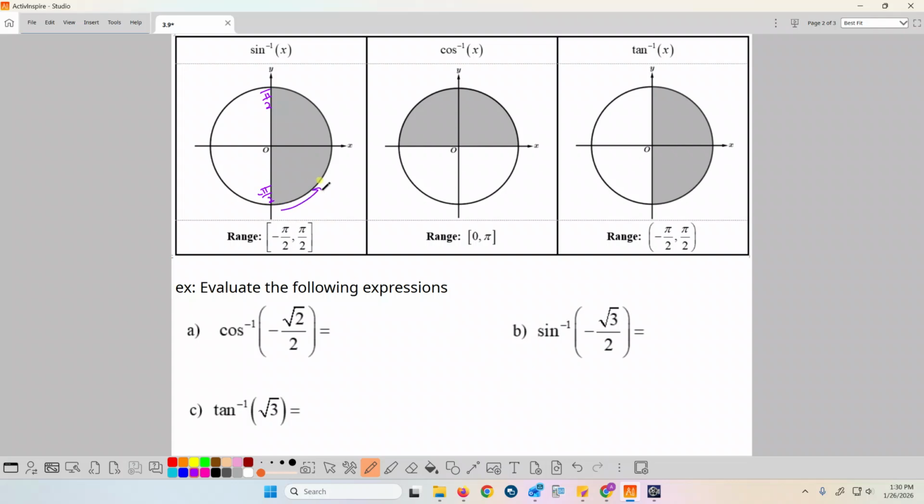And of course, it goes in this rotation here, just because that's the way the interval is written. Okay, so now we have also the inverse of the cosine function, our cosine. And that one goes from 0 to pi. Okay, so here we have our 0, and here we have our pi, and that goes in this rotation here, okay? Again, just because the way the interval is written.